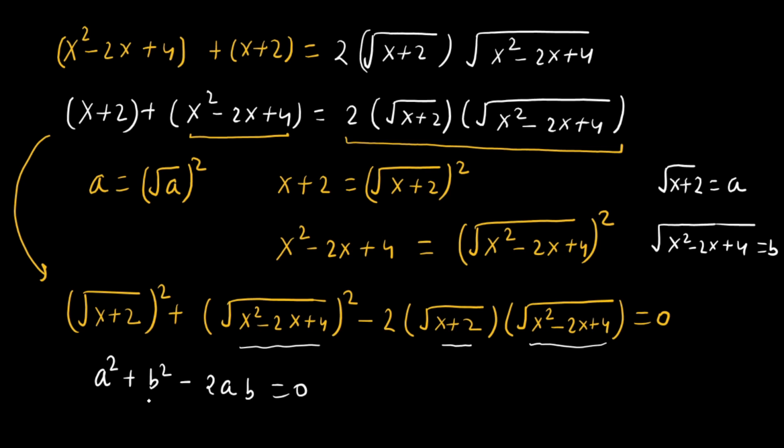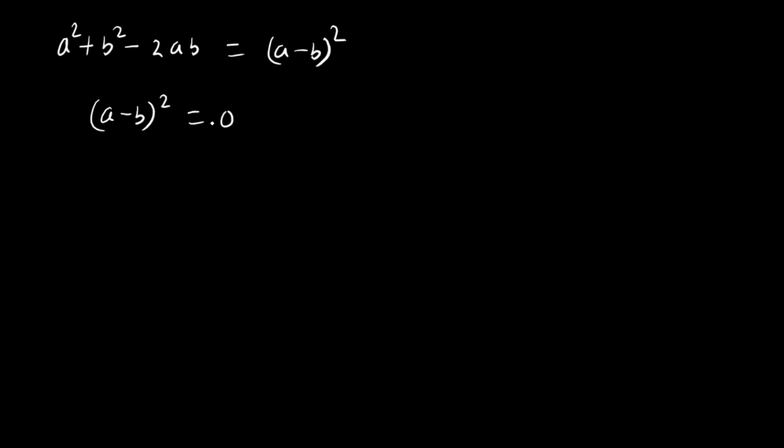We know that a² + b² − 2ab = (a − b)², so (a − b)² = 0. And if a square equals 0, this implies a equals 0, so a − b = 0.